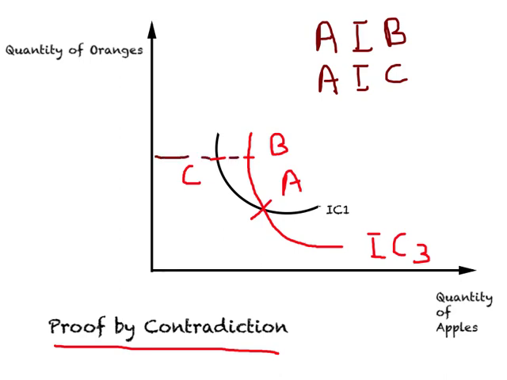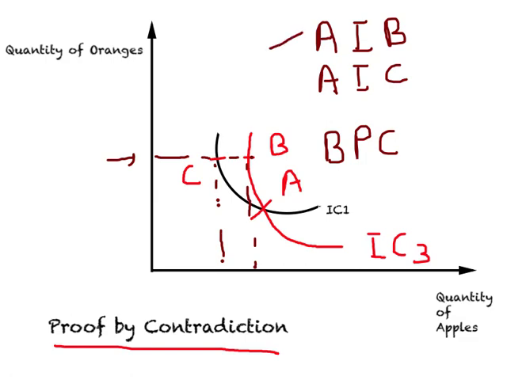What you find is under B and C you have the same quantity of oranges but fewer apples relative to B, or in other words, B must be preferred over C because of non-satiety.